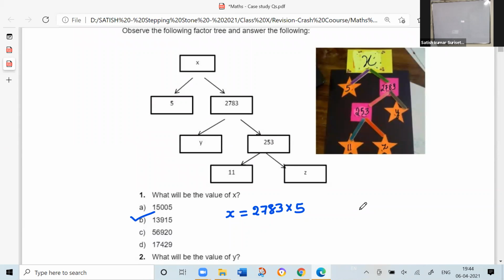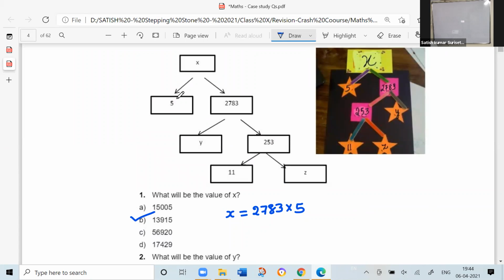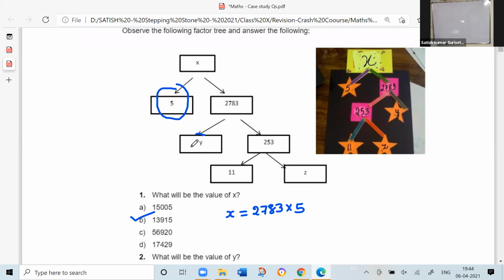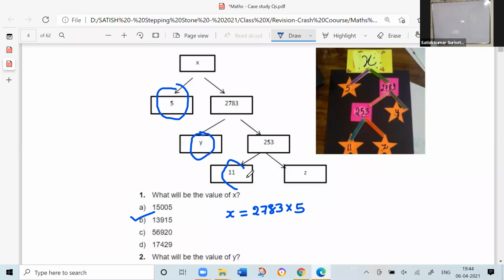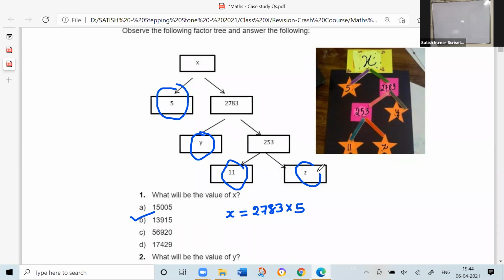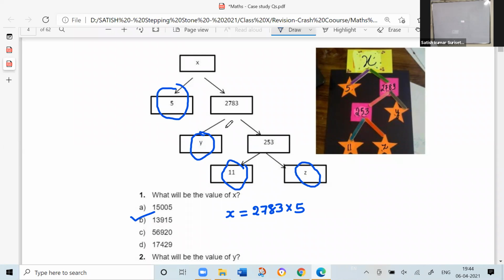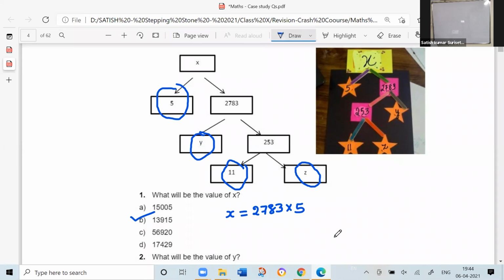So for X, which product should I take? Five, Y, 11. Should I take Z also or not? So take the product of all this. That becomes the X.